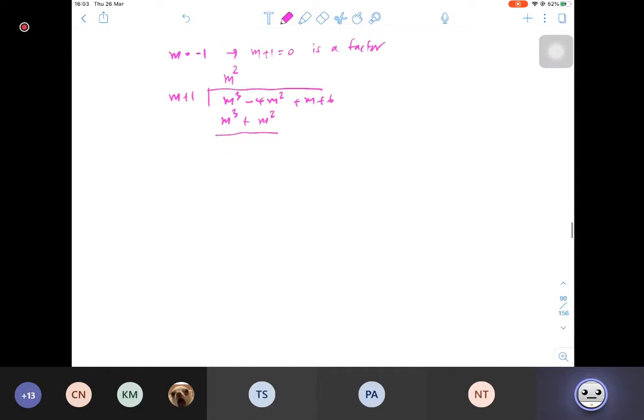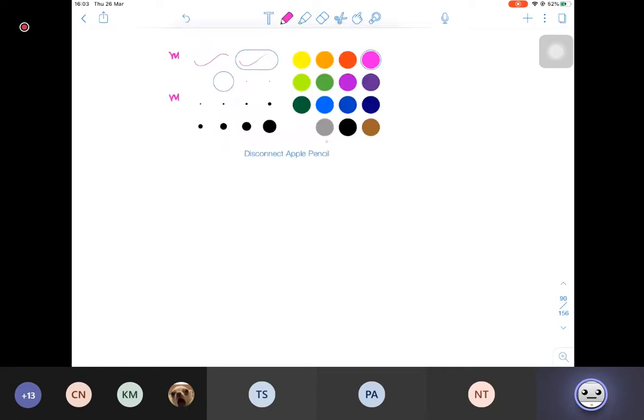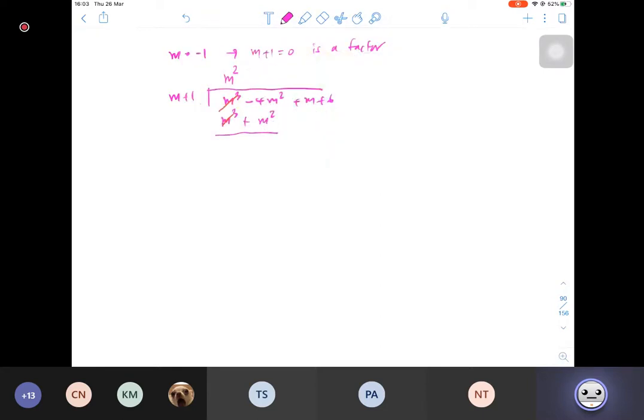We subtract those two terms. The first term becomes 0, and the second term becomes minus 4 minus 1 m squared, so it's minus 5m squared. And we pull down this m. Again, we need to take some term here such that when we multiply by m, you got minus 5m squared.